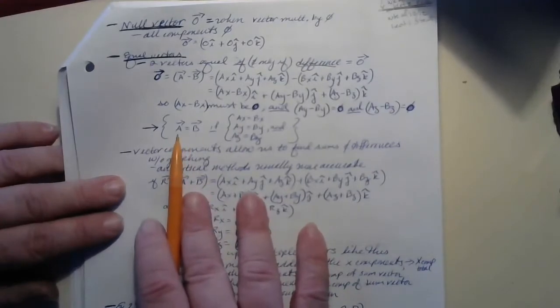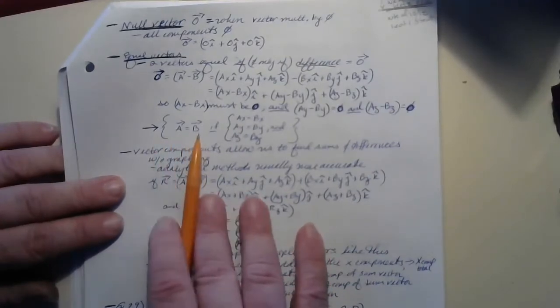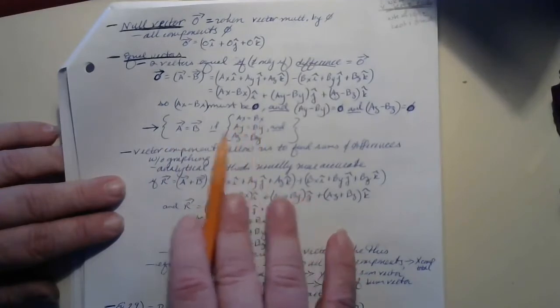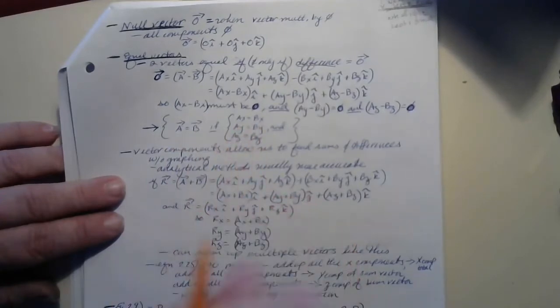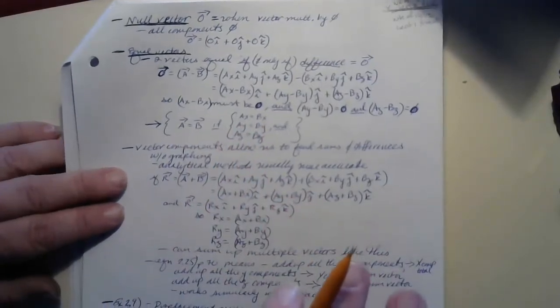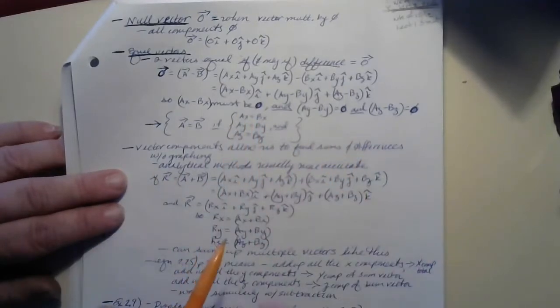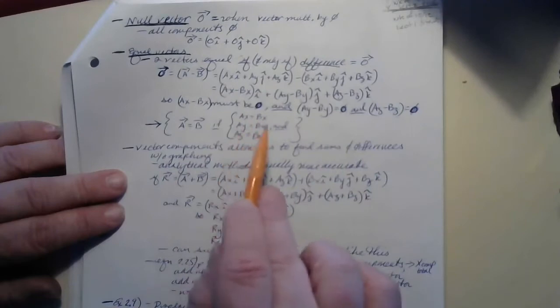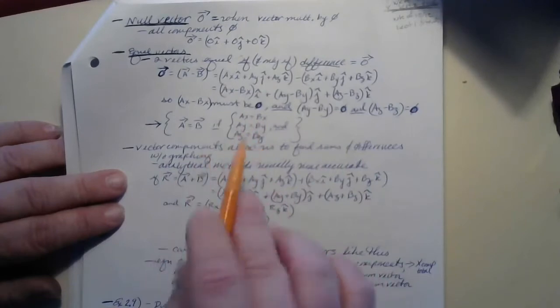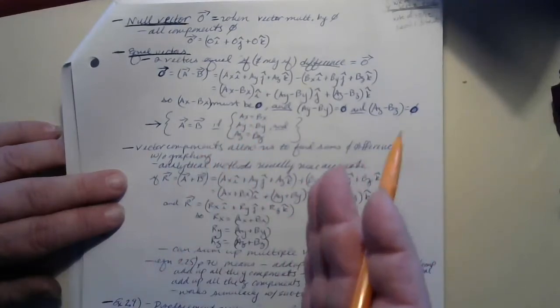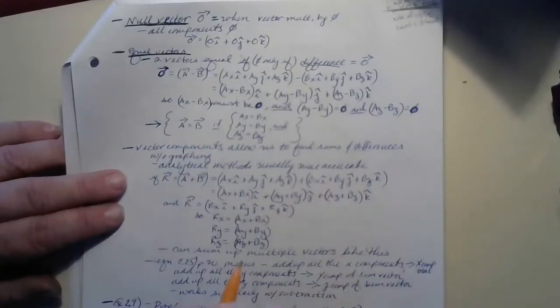So you can say that vectors a and b are equal if the magnitudes of their x, y, and z components are all the same. Or in other words, if the overall magnitude and direction are the same. If the x, y, and z components are all the same, that's just another way of saying that the magnitude and direction must be the same.